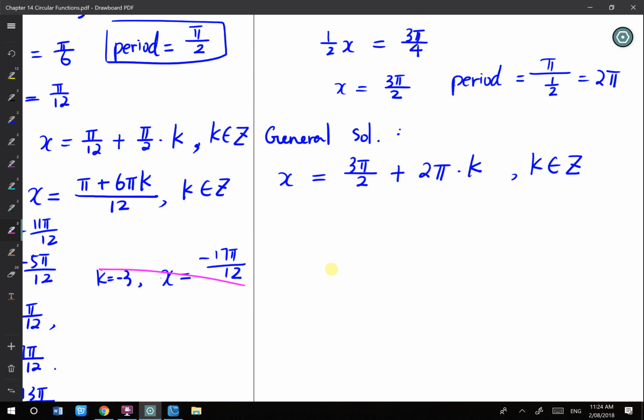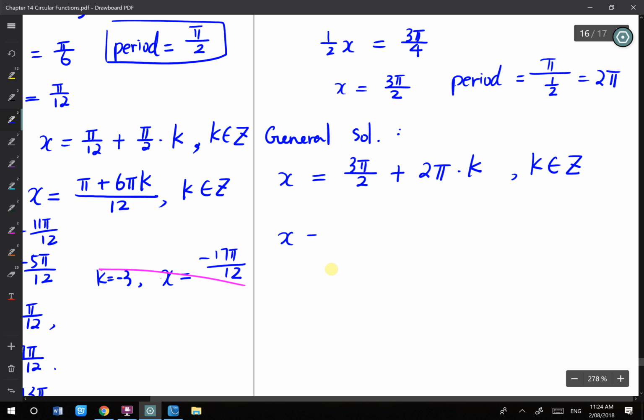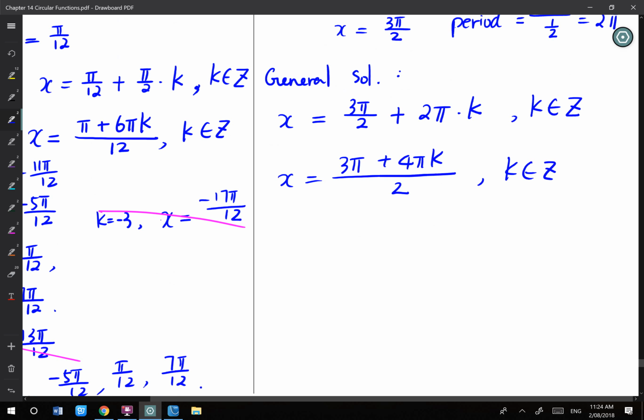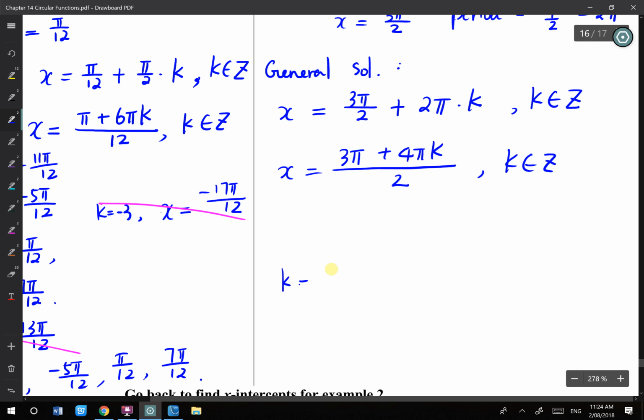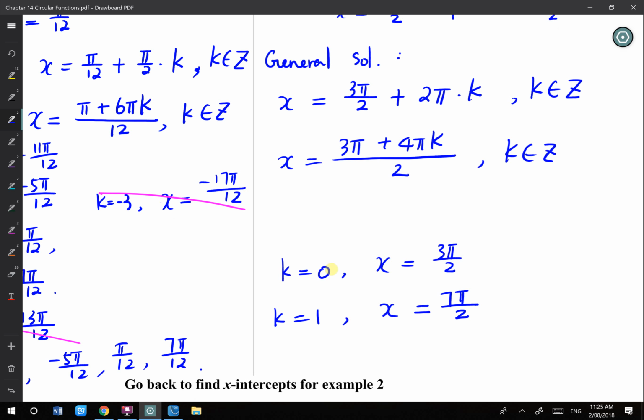So, okay, I will just make a common denominator for that again. So 3 pi plus 4 pi k over 2, where k belongs to z. That's easy for my calculation. So k equals to 0, x equals to 3 pi over 2. That's the first answer. K equals to 1, x equals to 7 pi over 2. That's 3.5 pi, still within the domain.